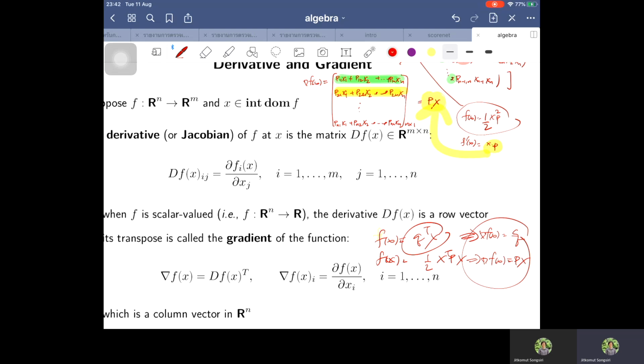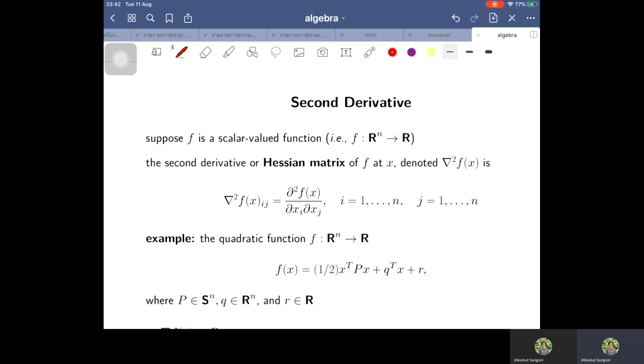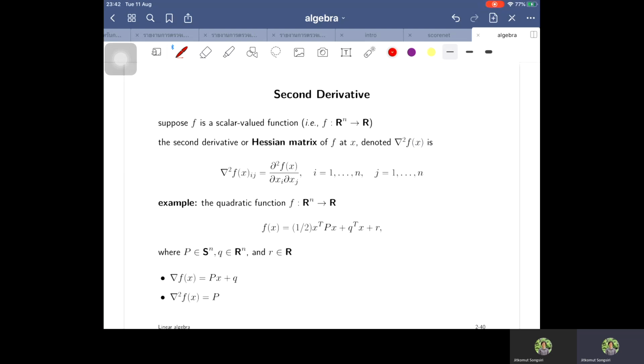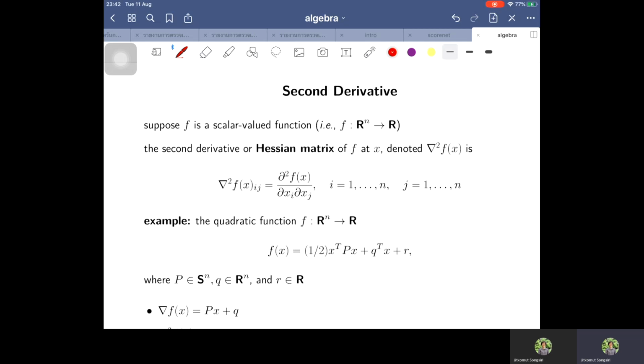Now let's move to the second derivative. For the second derivative, we're going to focus on the scalar-valued function only because it's simple. It means you need to take second-order partial derivatives.